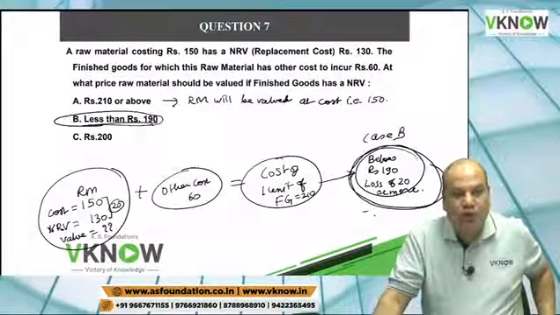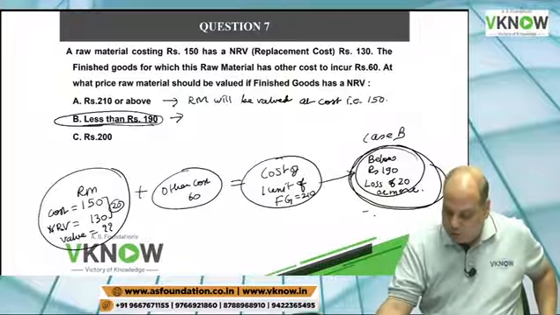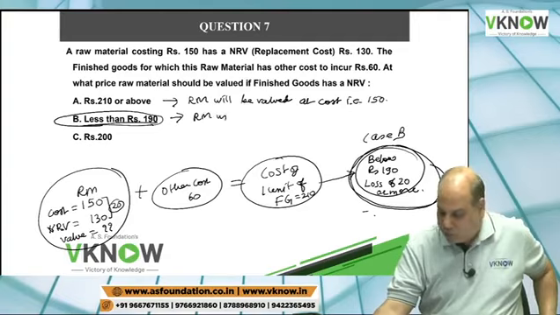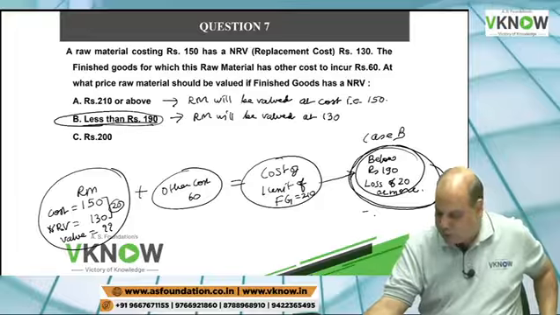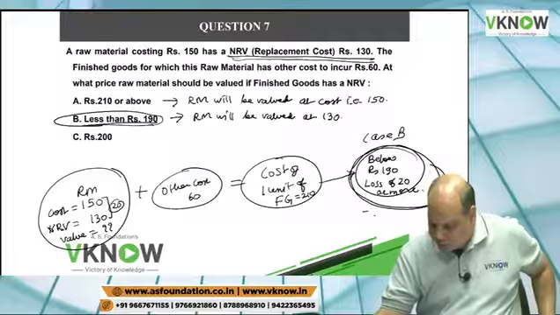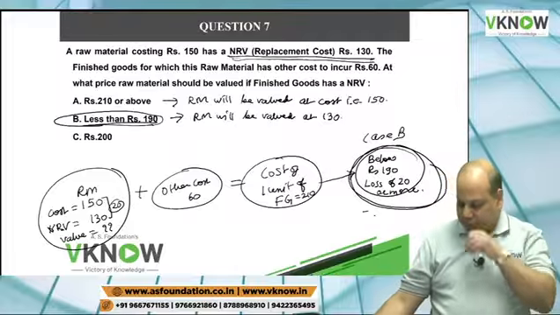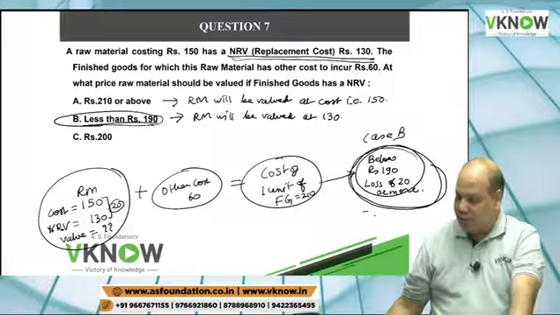It means you are not able to recover the cost of raw material fully, and therefore the answer will be raw material will be valued at 130. It can't go below 130 because that is the replacement cost of raw material, 130 rupees. Is it right?